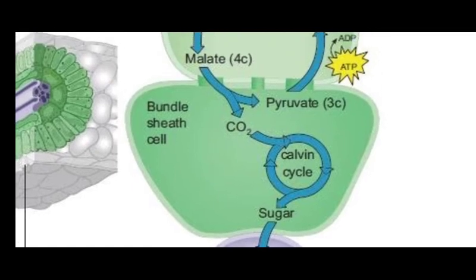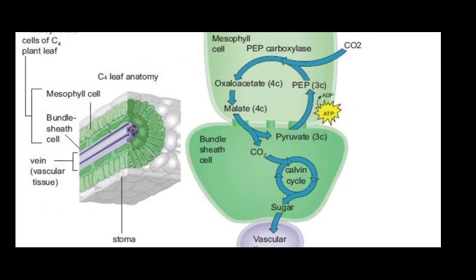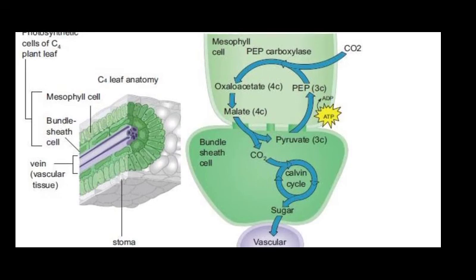Now this entire process is considered more effective because of this addition of CO2 by the PEP carboxylase into oxaloacetic acid. It is considered a bit more efficient in fixing carbon dioxide than the C3 pathway normally.